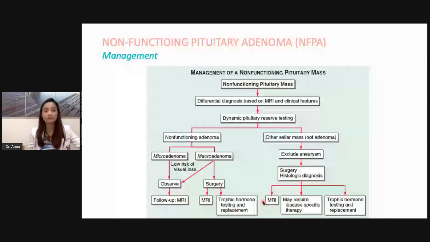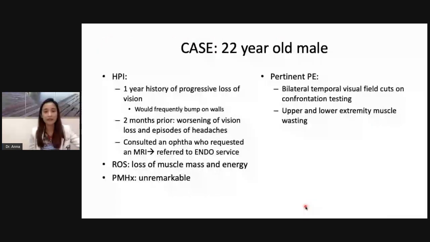All right. So now let's go to a case. This is a case of a 22-year-old male with a 1-year history of progressive loss of vision. He would notice that he would frequently bump into walls. Two months prior, he developed worsening of vision with episodes of headaches. He consulted an ophthalmologist, and usually they go first to the ophthalmologist because of vision loss. They did an MRI, and subsequently referred the patient to endocrine surgery.